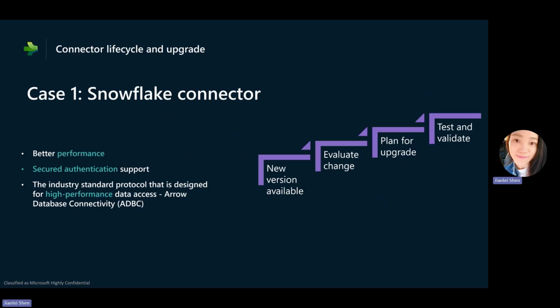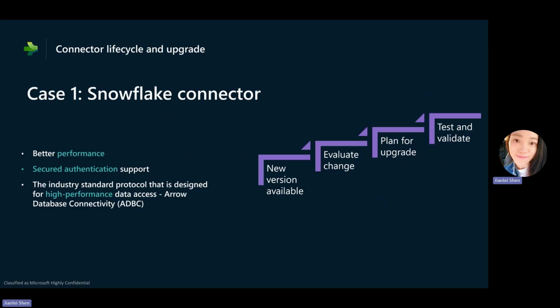And we still have a few features to be delivered very soon this month. But in general, for Snowflake v2, we provide much better performance, which benefits from adopting the standard protocol designed for high performance data access, called ADBC.